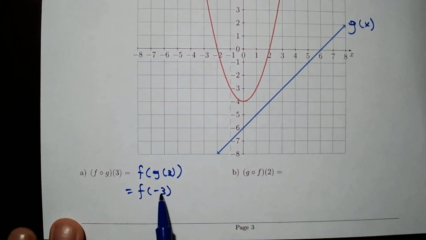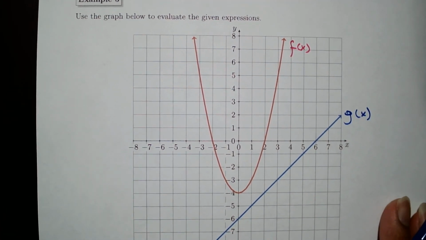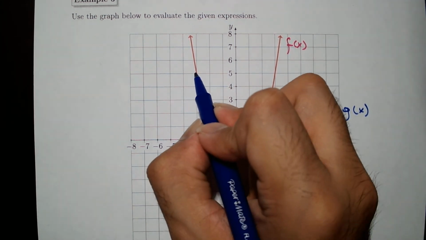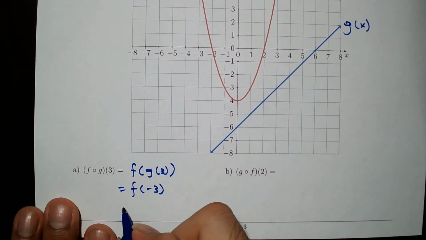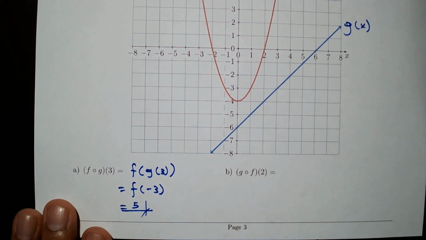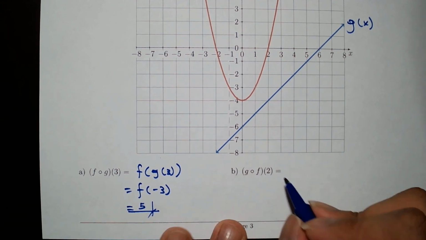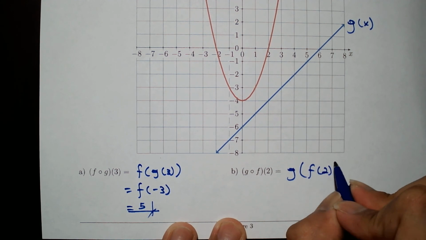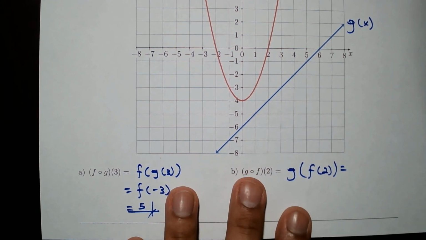Now we are going to find f of -3, but now because it's f, we're going to get it from the parabola. So if I go -1, -2, -3, what's the output? +5. For letter B and last one of this handout, we get g evaluated at f of 2. First of all, we evaluate f of 2.